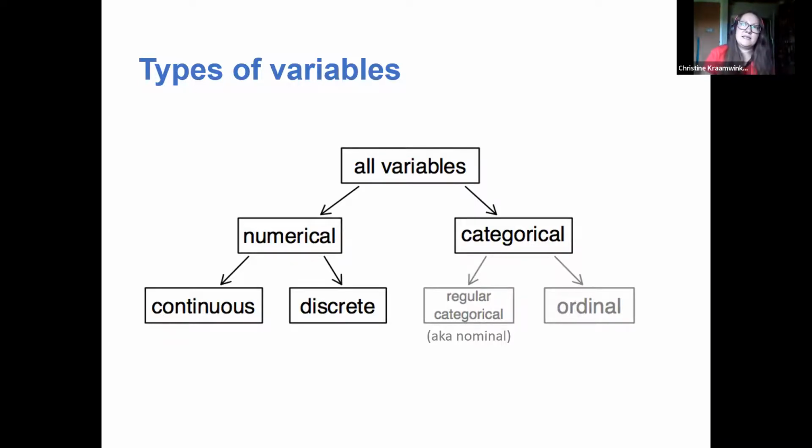So for instance, if I do a survey about your experience doing a course, 0 can be bad, 1 can be good. The 0 and the 1 don't really have numerical meaning. It's just a short label that I'm using. So in that case, it would be categorical data.